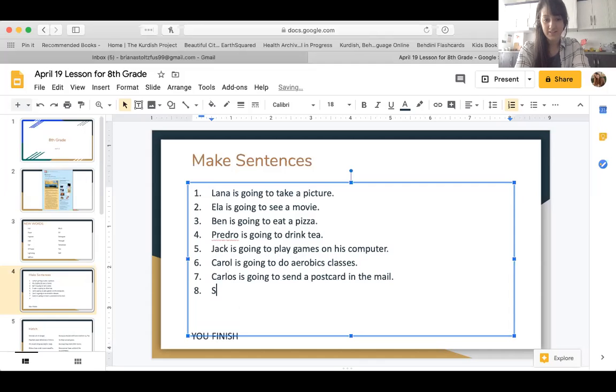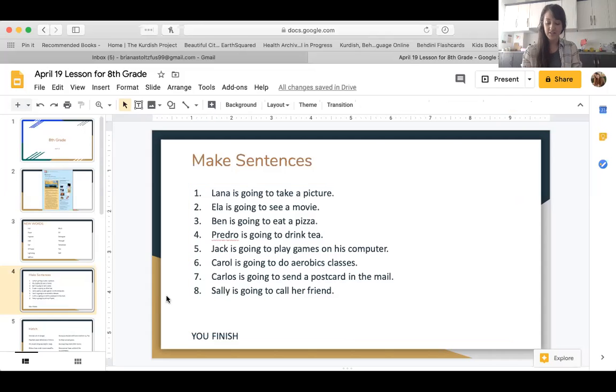And number 8, Sally is going to call her friend. Repeat. Number 6, Carol is going to do aerobics classes. Carlos is going to send a postcard in the mail. Sally is going to call her friend.